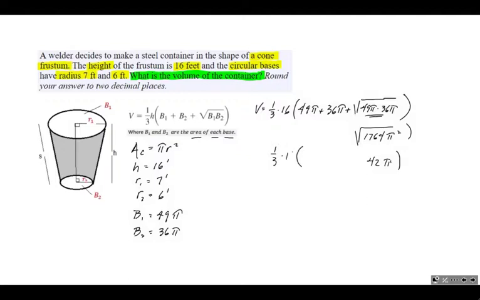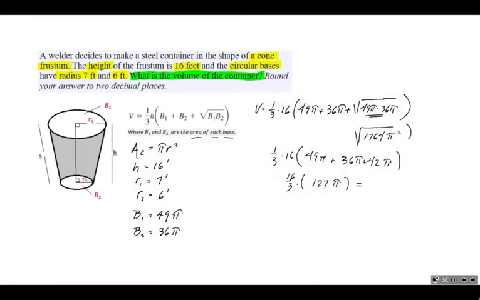And now we have, let's bring down the rest of our formula here with values plugged in. 1/3 times 16 times 49 pi plus 36 pi plus 42 pi. Let's add all those pi's together. That's going to give us 127 pi. And 1/3 times 16 is 16 over 3.